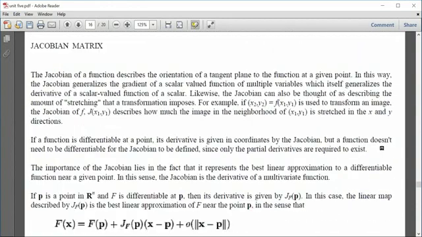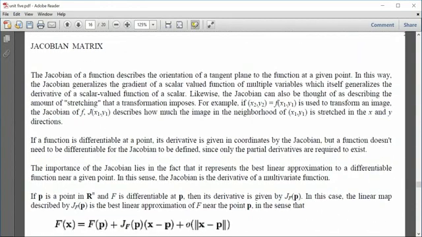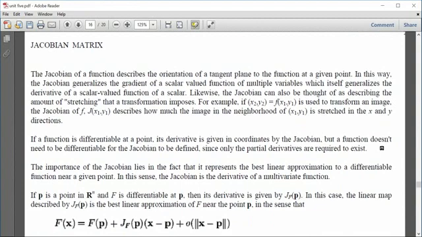Now let's see this. The Jacobian of a function describes the orientation of a tangent plane to the function at a given point. You told me last time that I was speedy. Okay, let me try to reduce my speed so that you can all get me well.